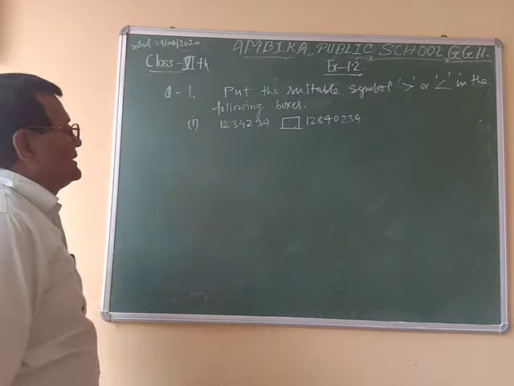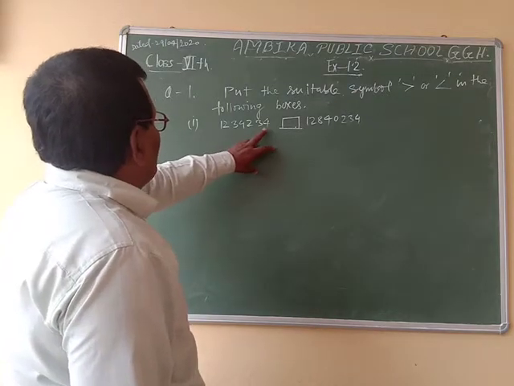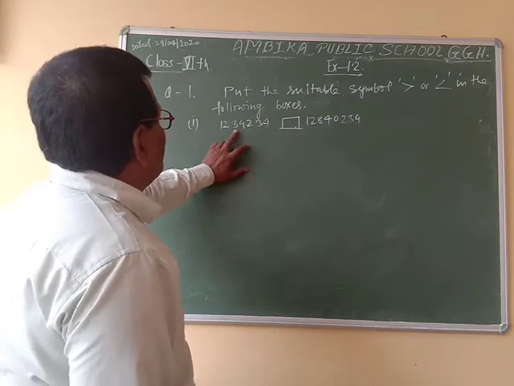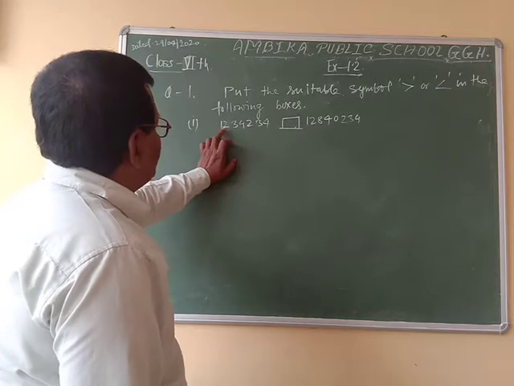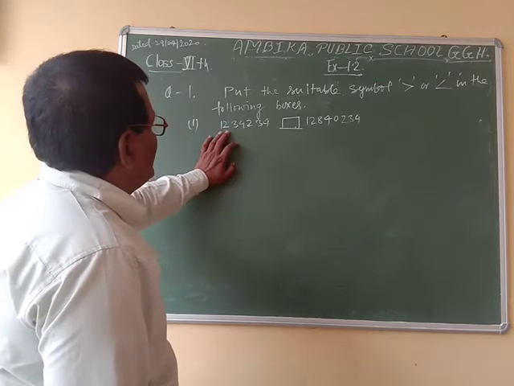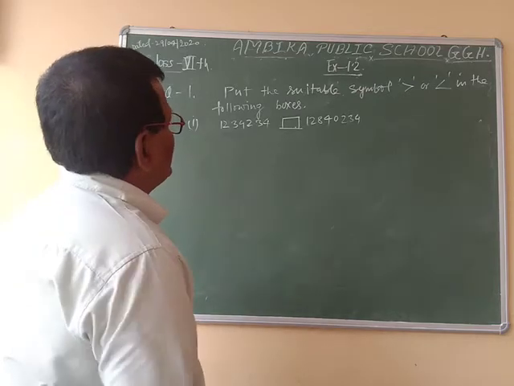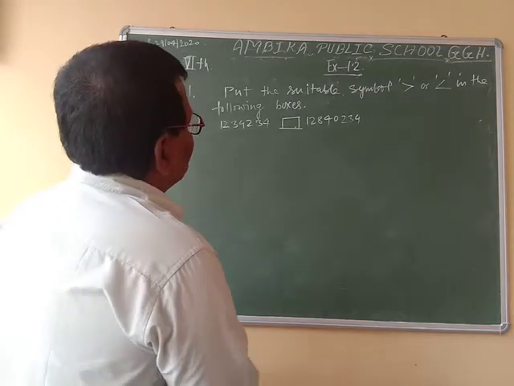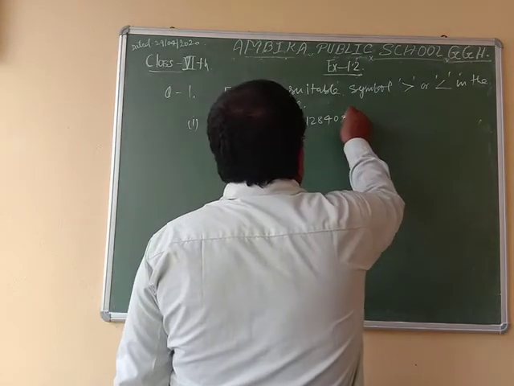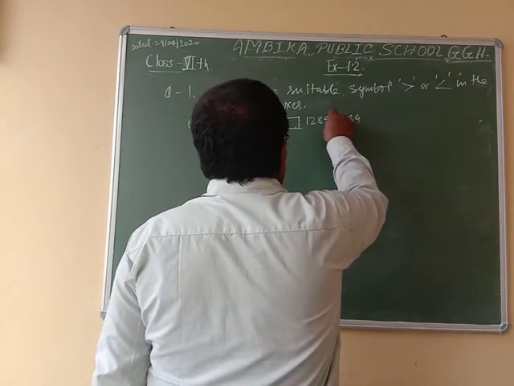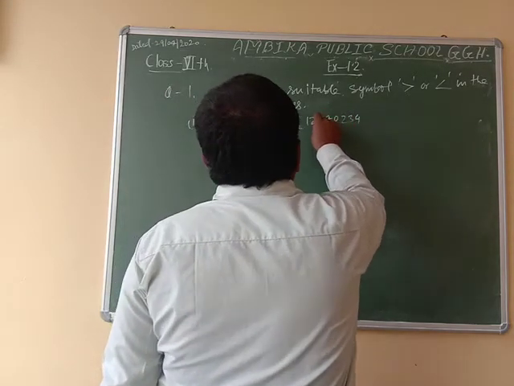We read this number as ones, tens, hundreds, thousands, ten thousands, lakh, ten lakh. Or here: ones, tens, hundreds, thousands, ten thousands, lakh, ten lakh, crore.